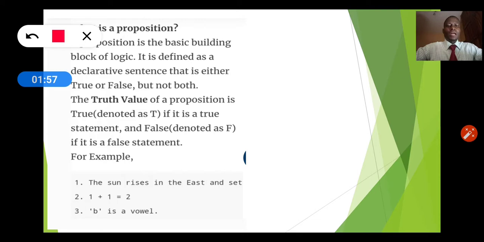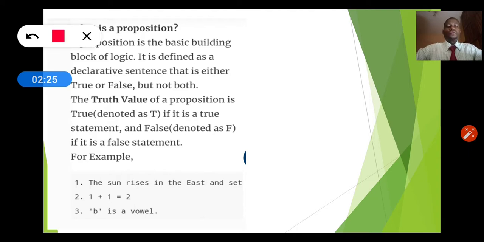Now look at the examples below. The sun rises in the east and sets in the west. That is true, we can give a true answer to that, so it is a proposition. 1 plus 1 is equal to 2.